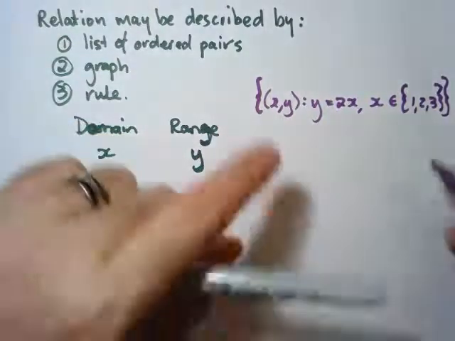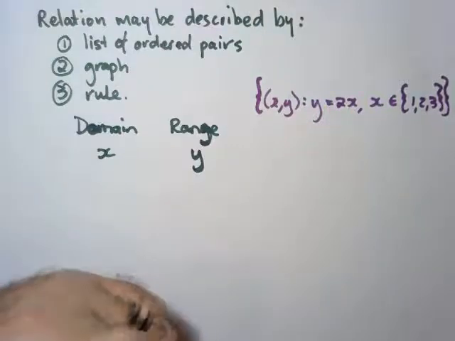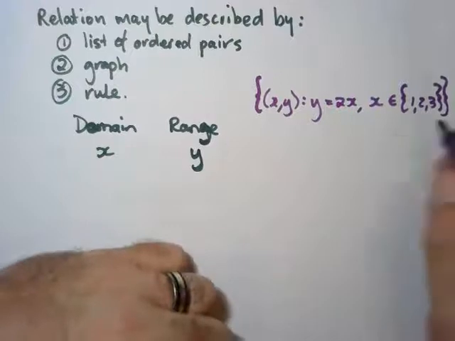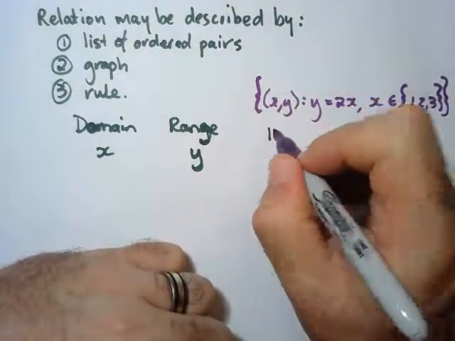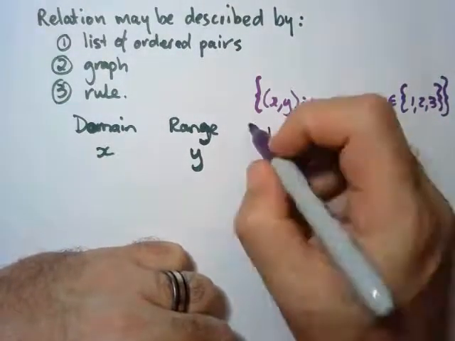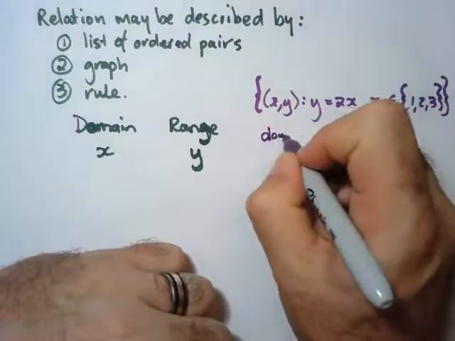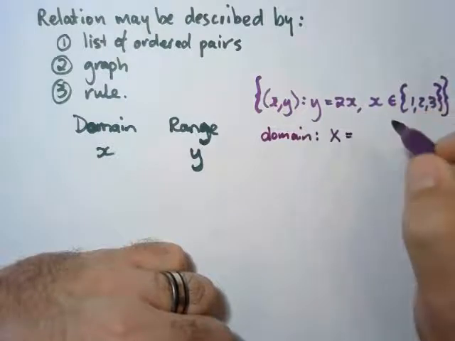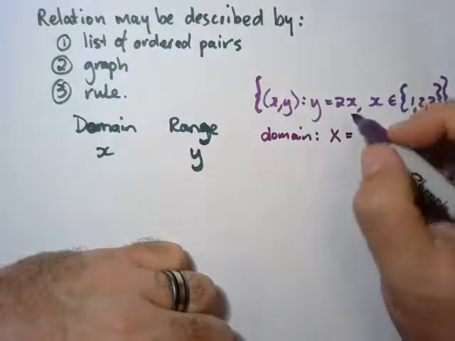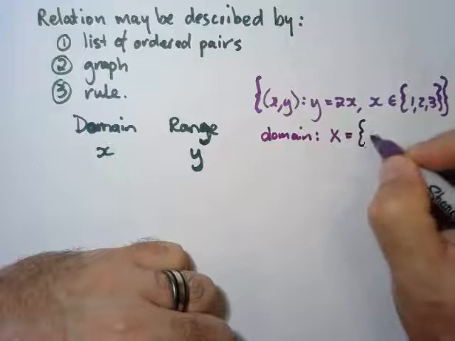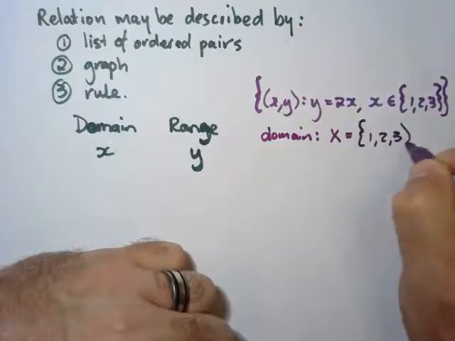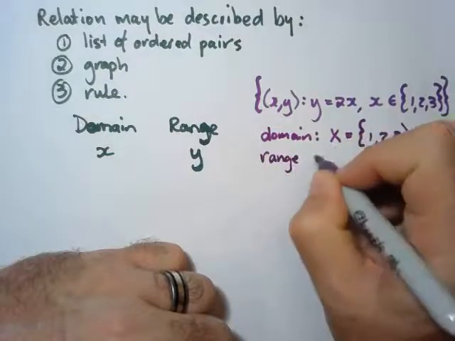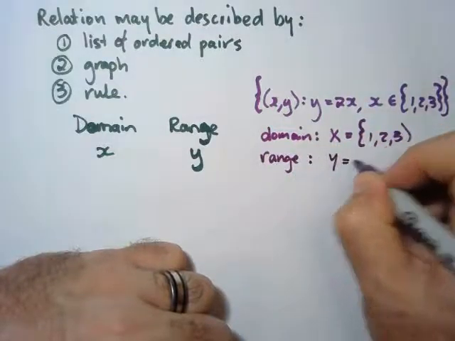Okay. What I can get out of this is the following. I can say that my domain is all my x values. My domain is x equals 1, 2, and 3. That's my domain. What is my range? Well, my range is my y values.